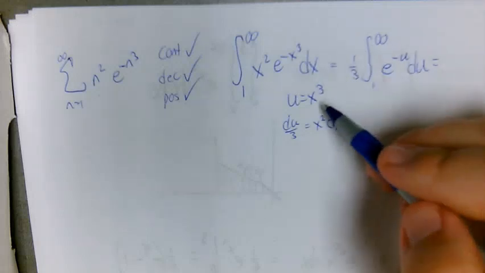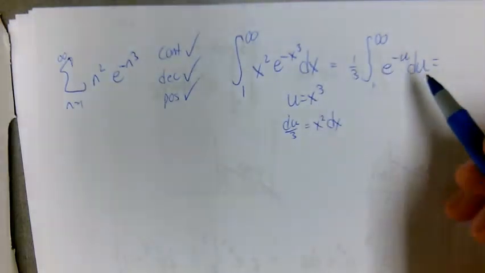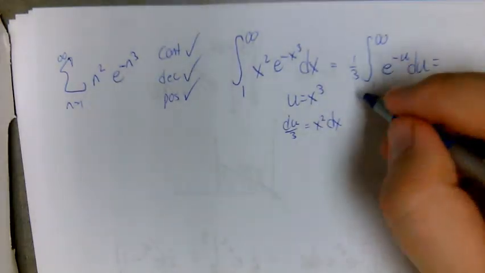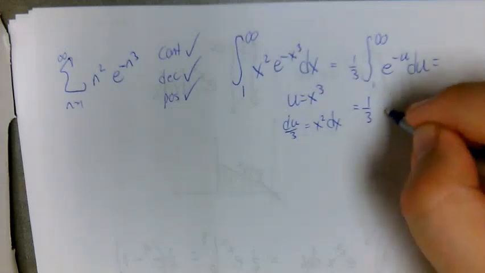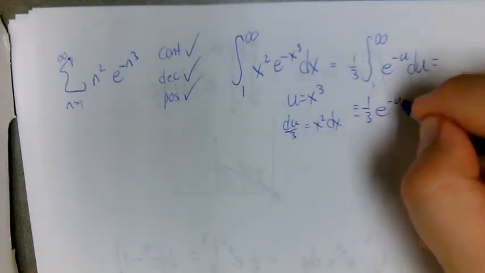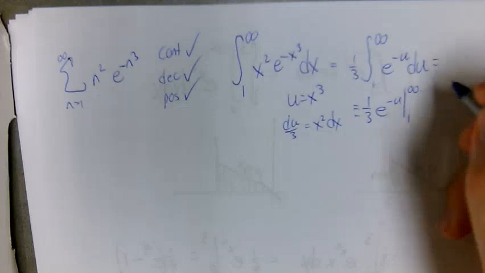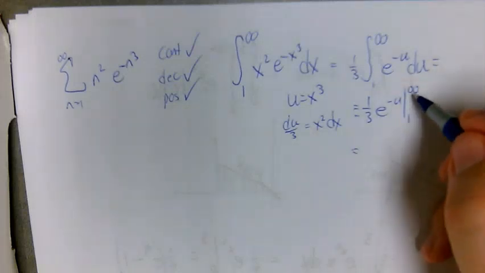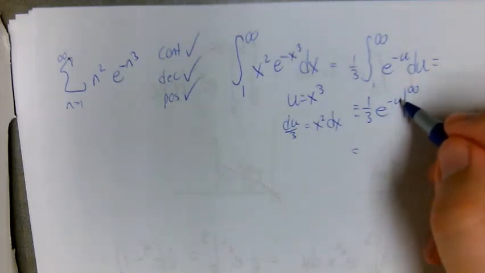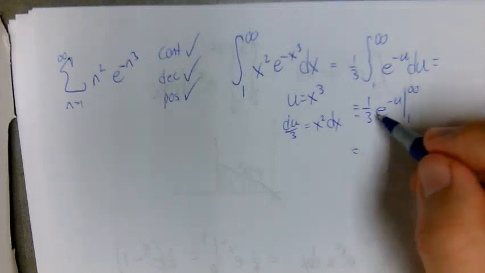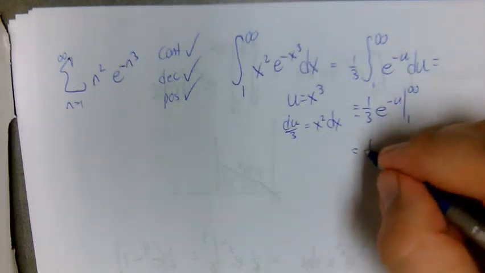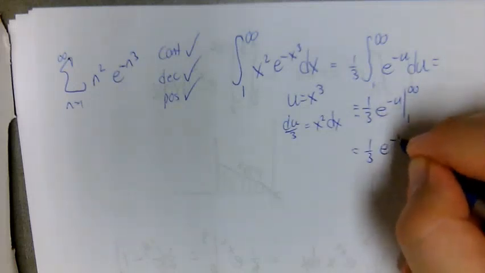And if I have something going to infinity and I cube it, that will also still be going to infinity. All right, this integral ends up giving us negative 1/3 e to the negative u from 1 to infinity. If I plug in the bounds, e to the negative infinity will be 0, and then I'm subtracting a negative, so I have 1/3 e to the negative 1.